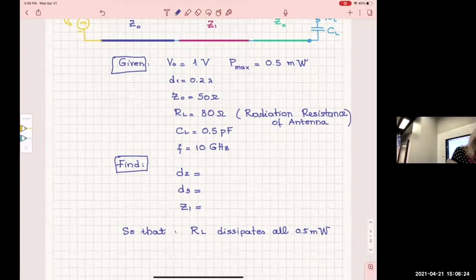And then the capacitance is the capacitive load of the antenna. Why do you think the antenna is going to have a capacitive load? Do you know how antennas look? Have you seen an antenna?